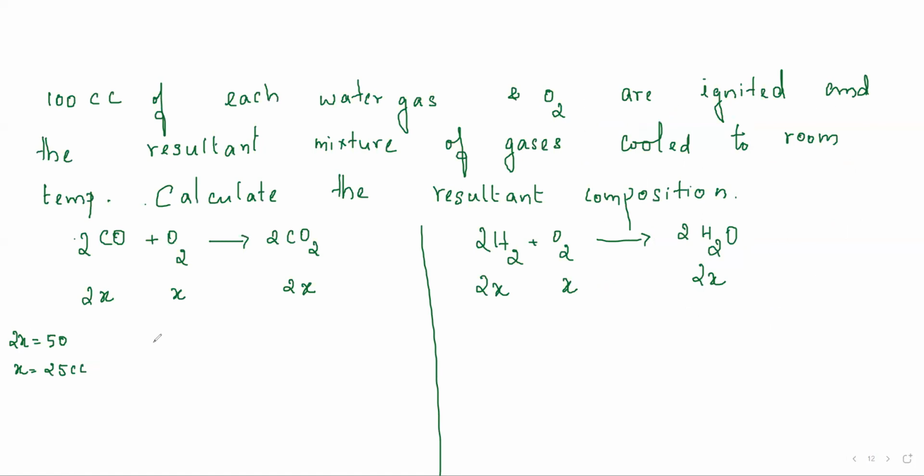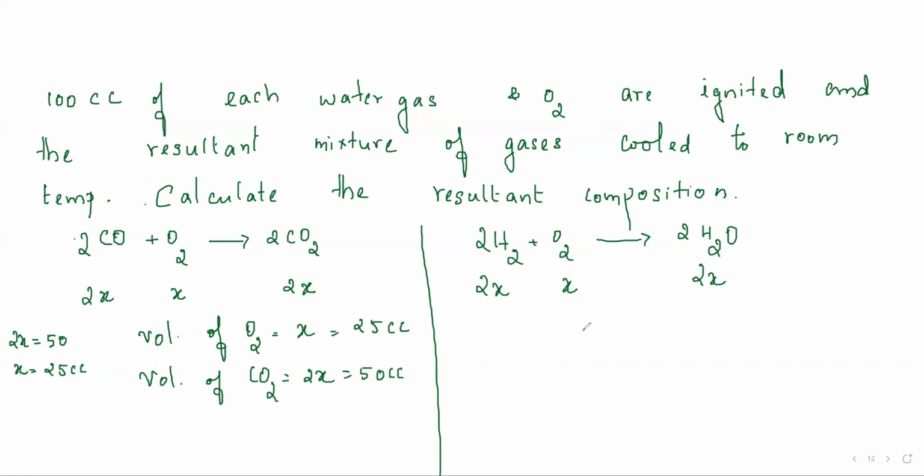What's the question? Resultant composition. To know the resultant composition, the volume of oxygen has to be calculated. Volume of oxygen used up is x, which is equal to 25 cc, and the product volume of carbon dioxide is 2x, which is again 50 cc.